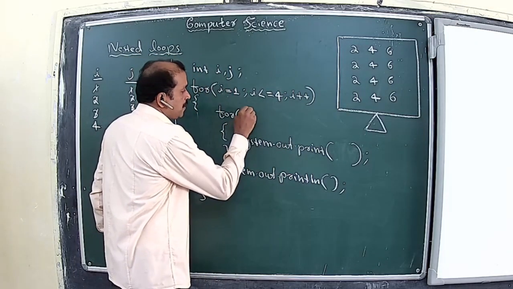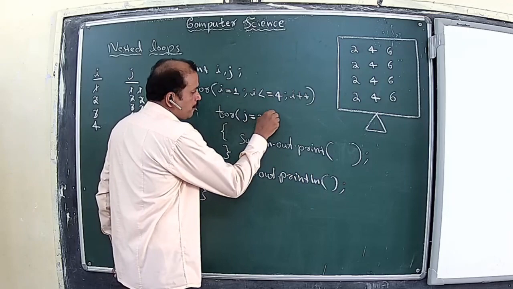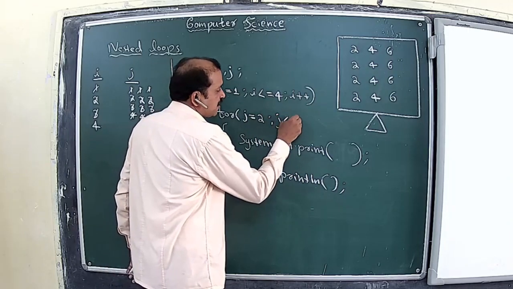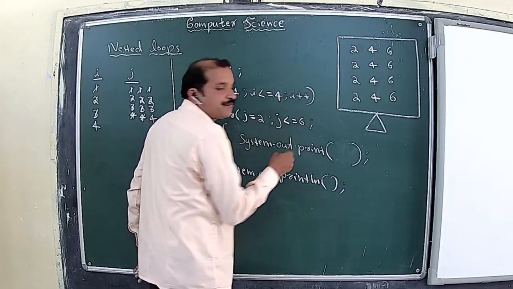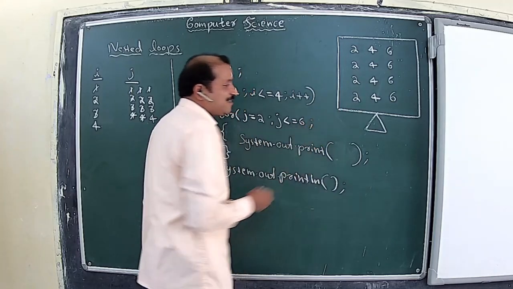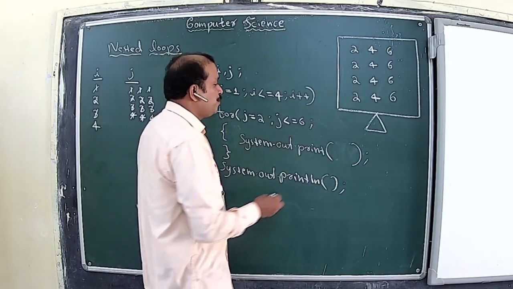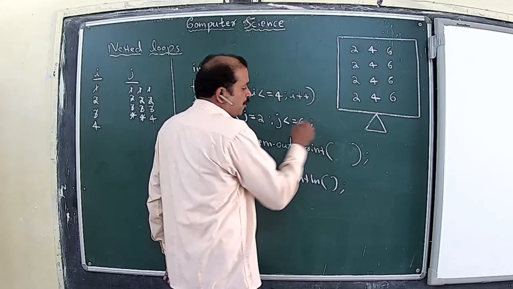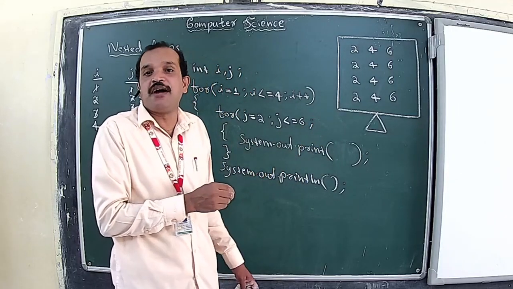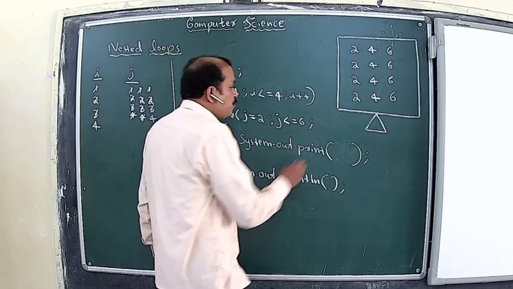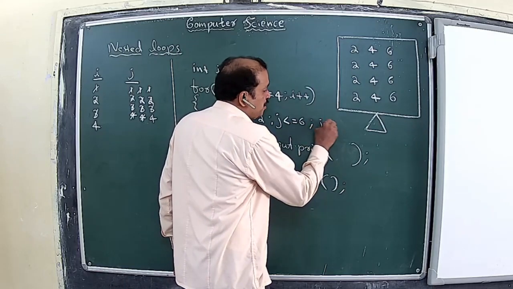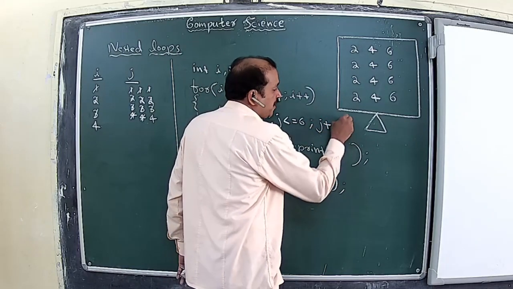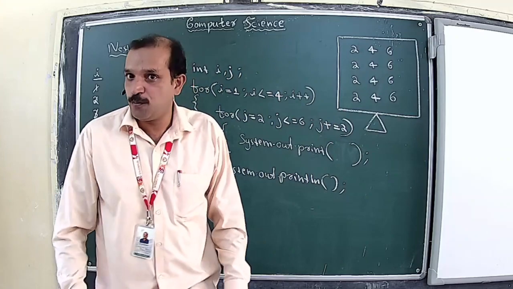So j should start with 2, j is less than or equal to 6, and it is here the change takes place. As you know, instead of using an increment operator to increase the value of a variable by 1, we will be using a shorthand assignment operator to increase the value of this variable by 2, that is j plus equal to 2.